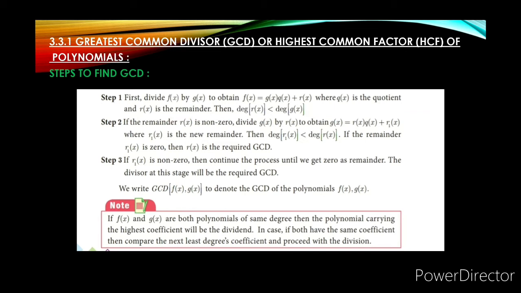Then one condition is given, that is if you divide like this, we get the degree of r of x is less than the degree of g of x. What is degree? Degree is nothing but the highest power of the polynomial. For example, I will explain through an example.